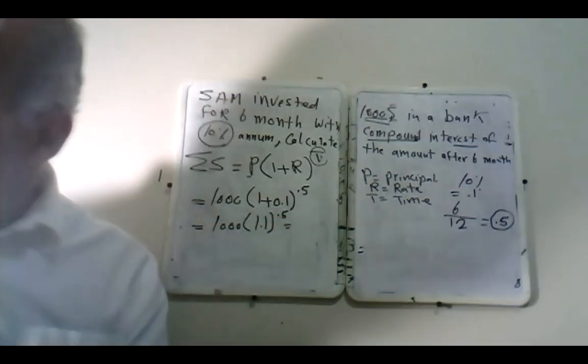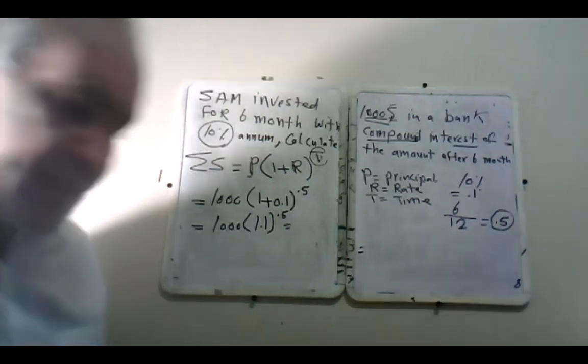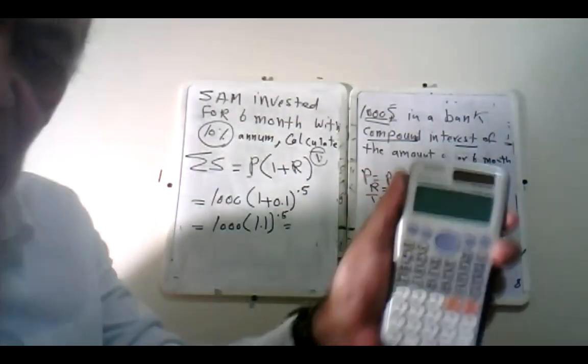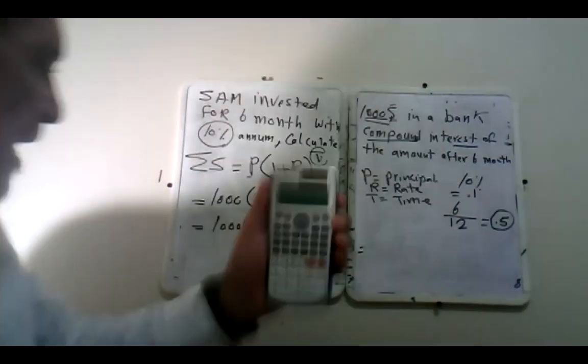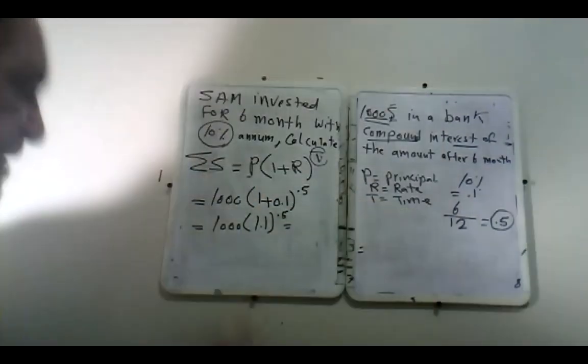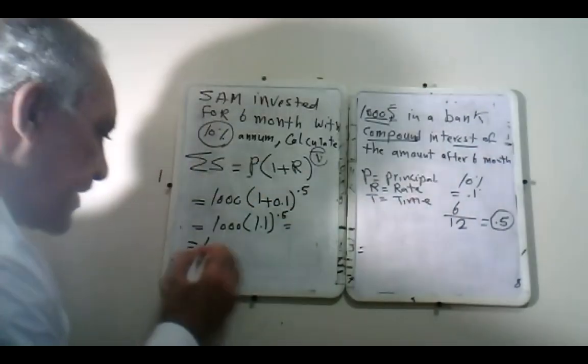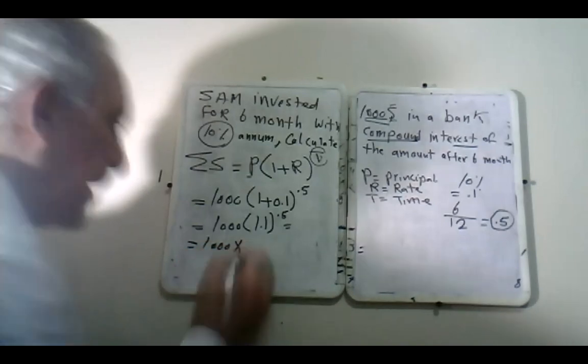Do it with the calculator, the same thing. Here we go. I will keep the 1,000 here, multiplied by.